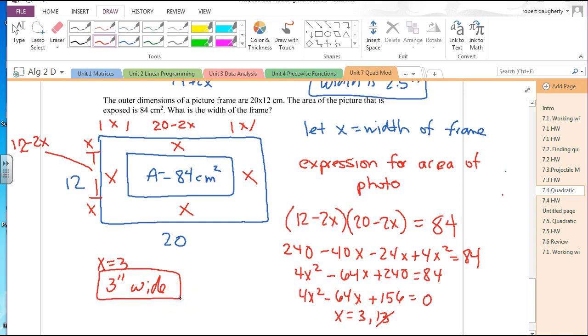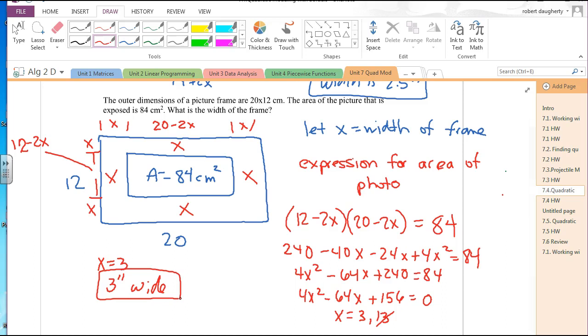If I were to ask you for the dimensions of the photograph, how do you find them? You plug in x, so this photograph is going to be 12 minus 6 and 20 minus 6. So this photograph is going to be a 6 by 14 photograph. So there were 2 variations of this problem.